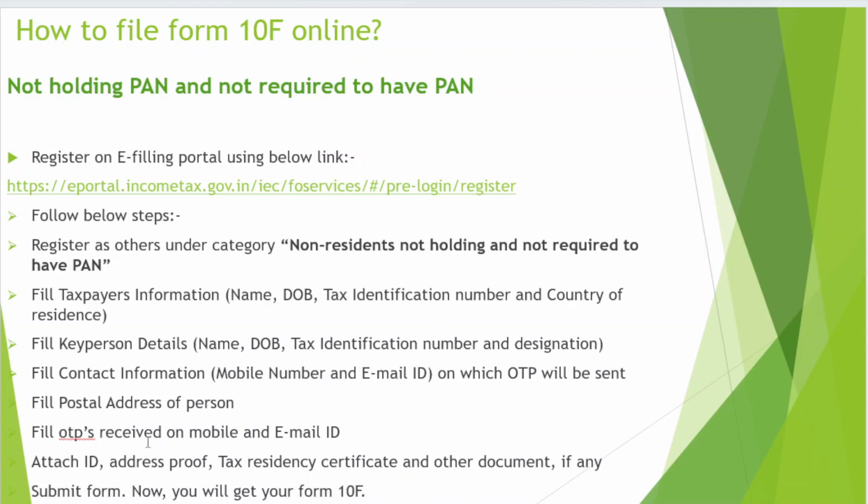Then fill the postal address of the person, fill the OTPs received on mobile and email ID, and attach your ID proof, address proof, tax residency certificate and other documents if any. There are four attachment options on the portal: ID proof, address proof, tax residency certificate, and other document. After that, submit the form and you will get your Form 10F.